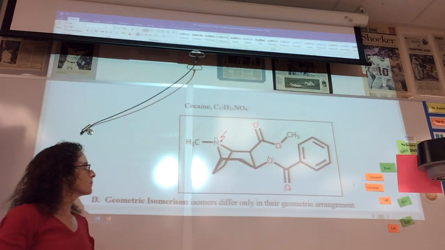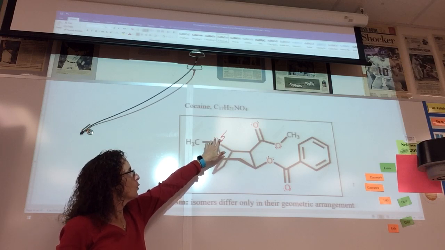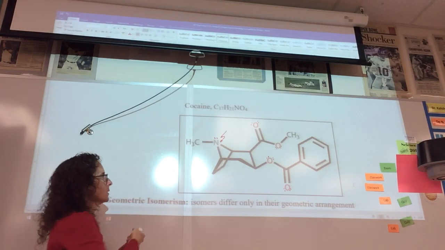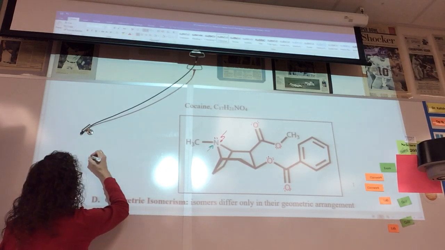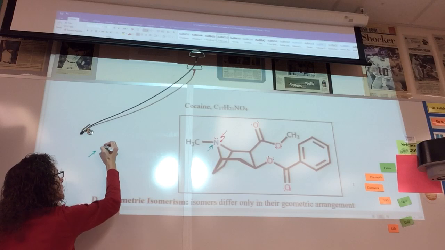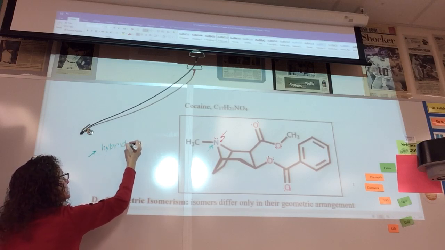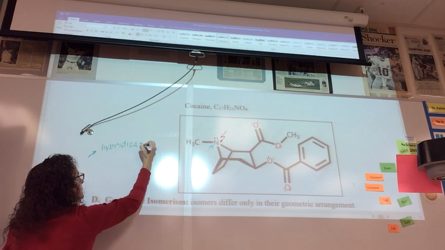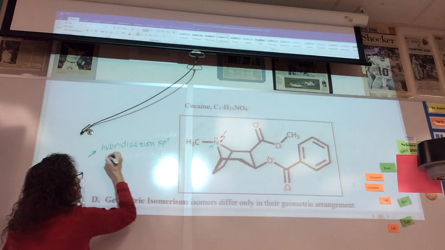So here's N, and you've got 1, 2, 3, 4 electron groups. Couple questions in regard to that N right here. First of all, what would be its hybridization? It would be sp3 because you have 4 electron groups.